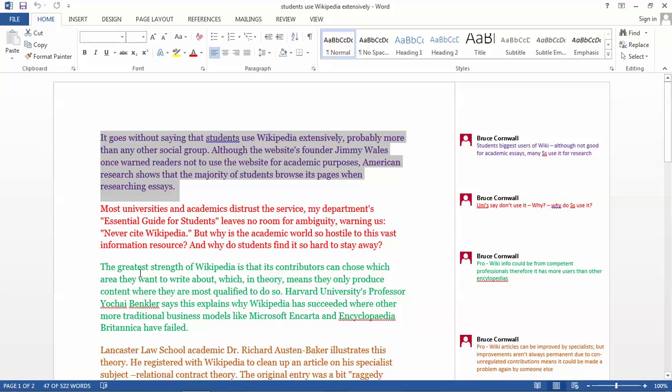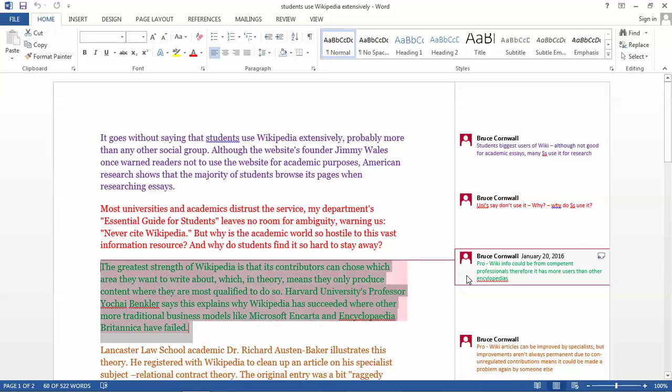Now we go to the third paragraph, and I found here, by looking at the words, because don't forget I'm prioritizing, I'm trying to find the pros and the cons. When I read "the greatest strength of Wiki," that really indicates to me that this is a pro, not a con. And when I went through, I established that Wiki could be better than a regular encyclopedia.